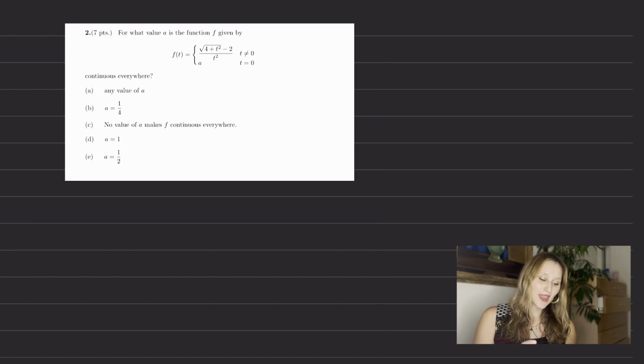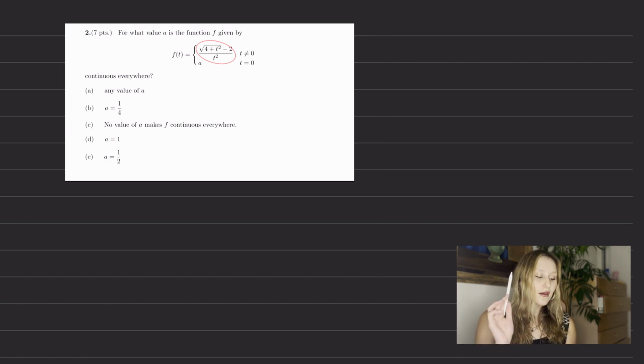Number 2. For what value a is the function f given by that f of t continuous everywhere? So say we just have the top part. So if we just have the top part, it cannot be continuous everywhere because of the denominator.